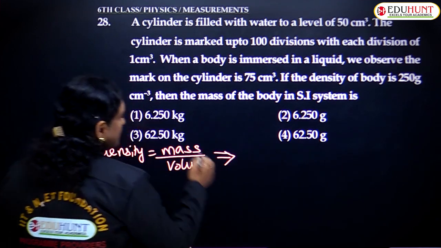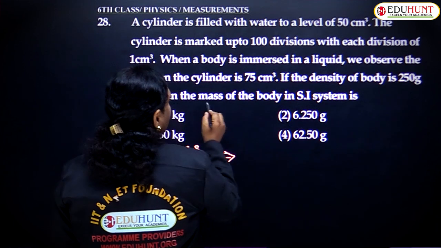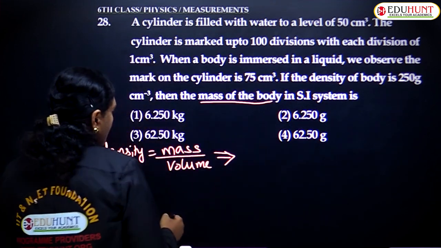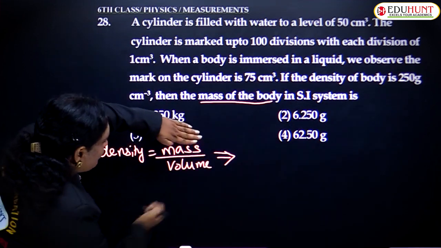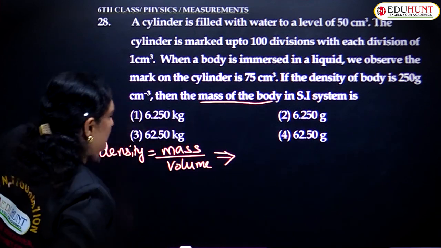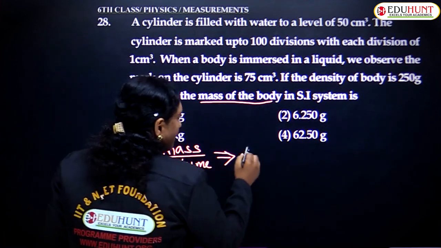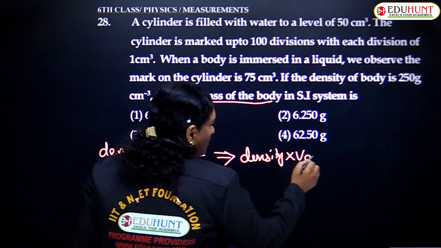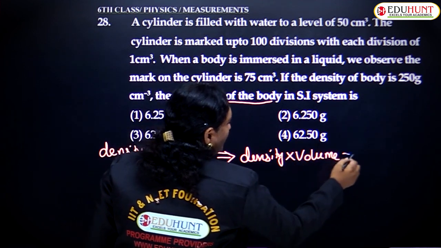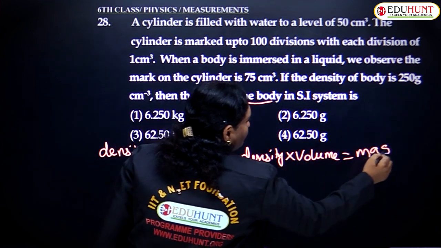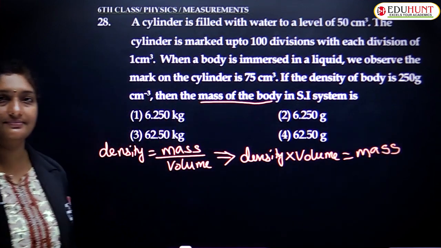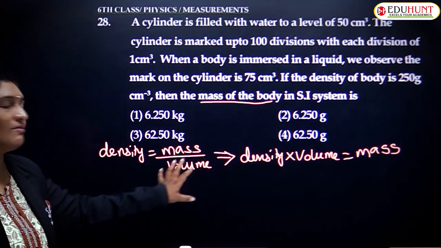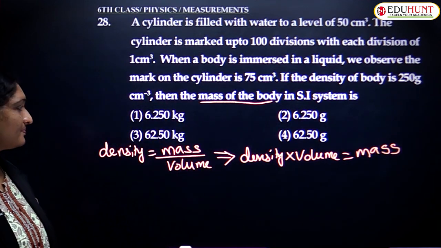But what are you asked to find out? You're asked to find the mass of the body. If I want to find the mass of the body, take this volume to the other side. Then density into volume will give you the mass of the body. Yes or no, children? So mass equals density into volume.